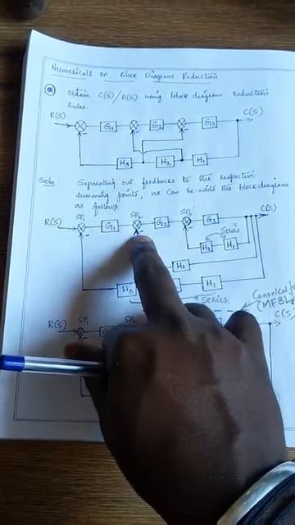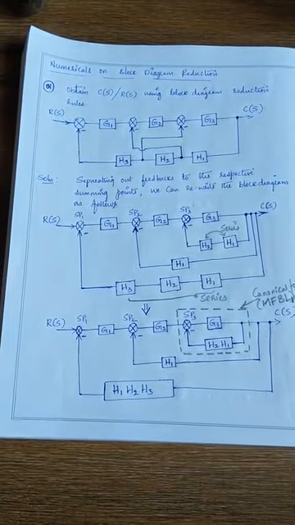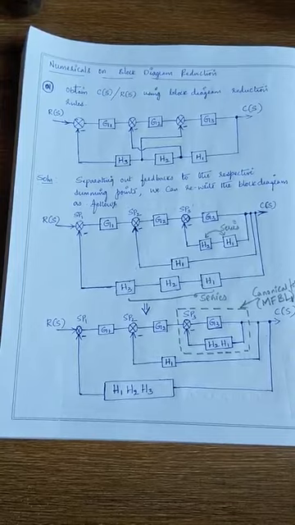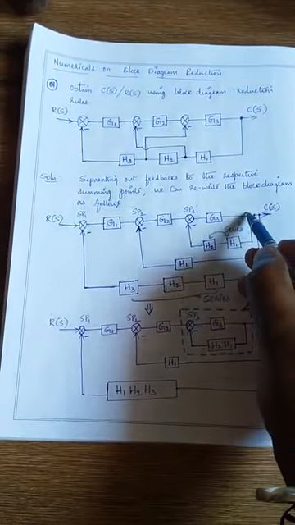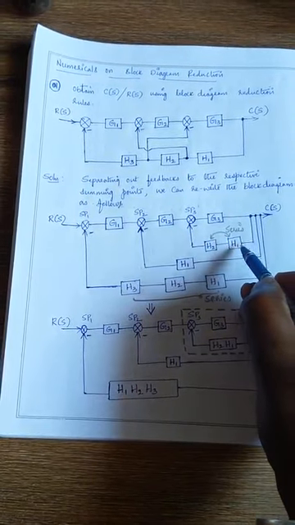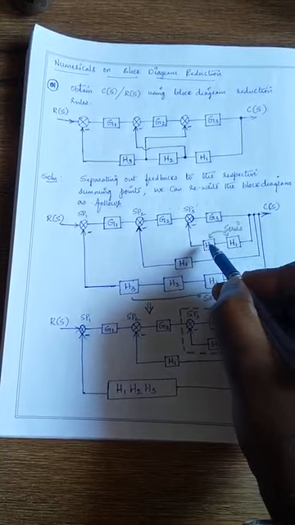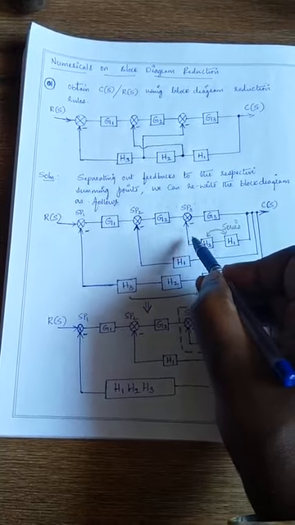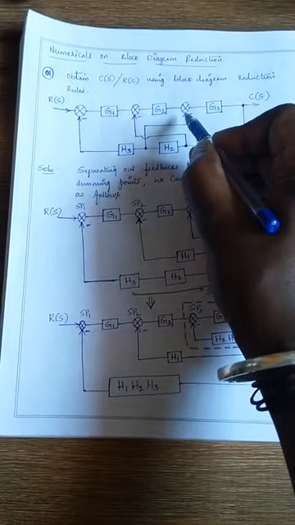Again, H1, H2 is there. The output of H2 is going to summing point 3. Now we can see here, because the output of H1 is going to H2 and the output of H2 is going to summing point 3, that is this summing point.